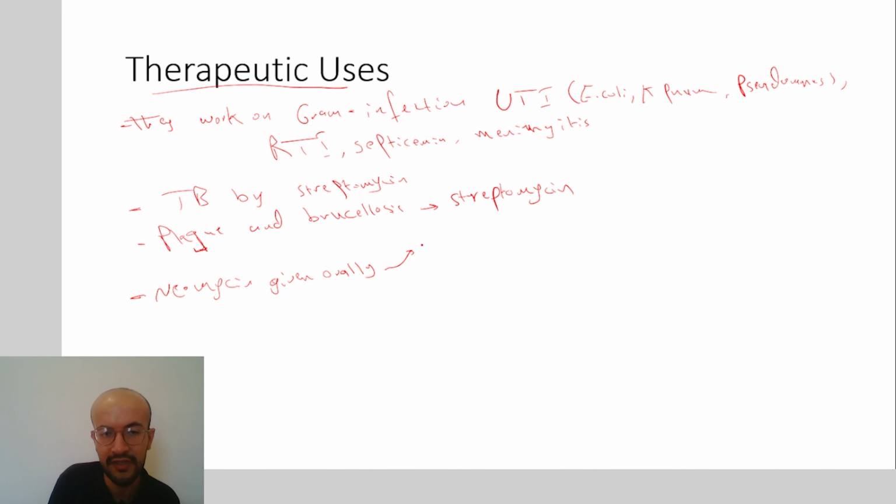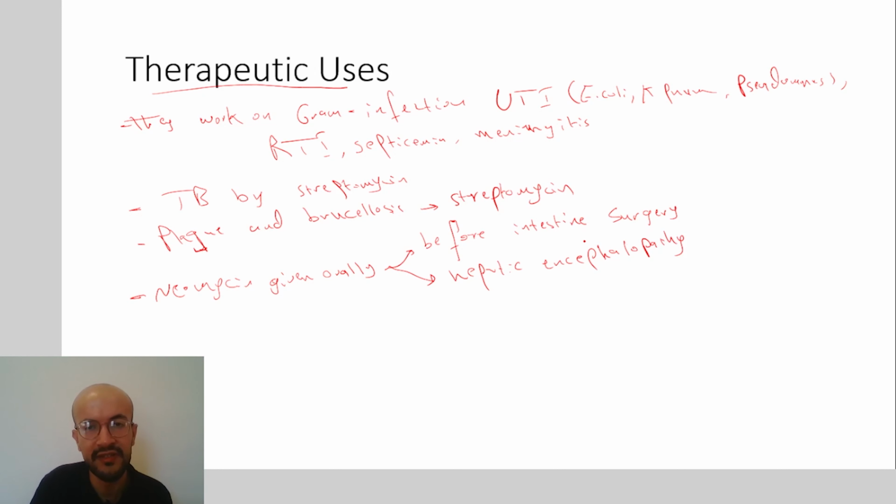That's before intestine surgery, just so it clears the bacteria there. And it's also given in case of hepatic encephalopathy, to kill the bacteria that are producing the ammonia in case of hepatic encephalopathy.